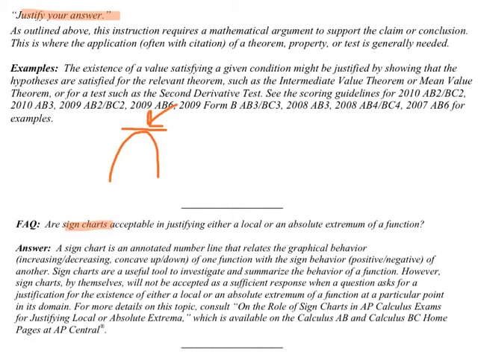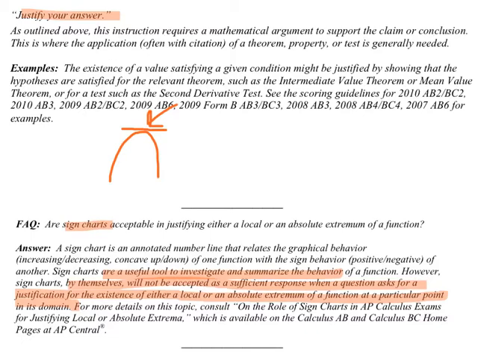They say they're a useful tool to investigate and summarize. I love sign charts. You love sign charts. Everybody loves sign charts, but by themselves they will not be accepted as a sufficient response when a question asks for justification for the existence of either a local or absolute extrema. There's a whole packet on sign chart justifications, but you need to verbalize the sign chart.